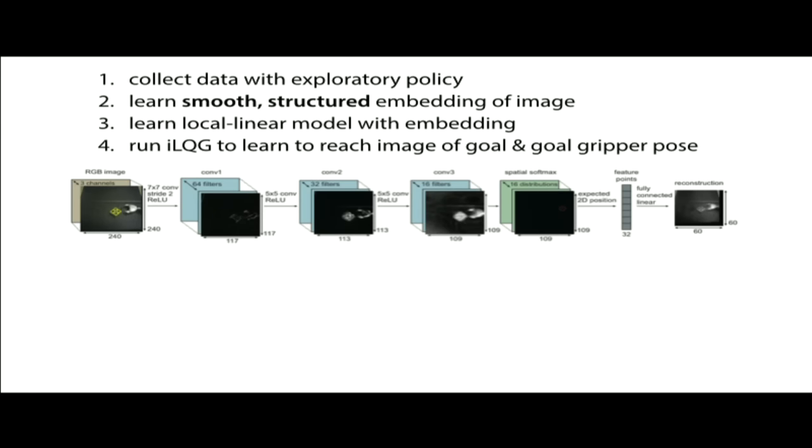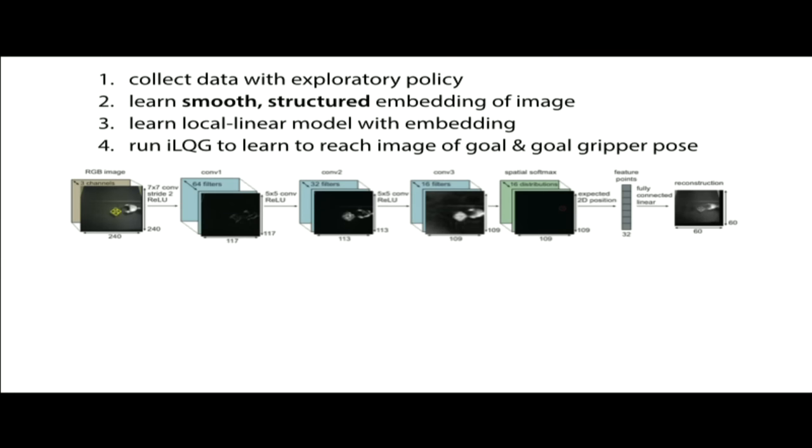And so the way that this embedding works is that it's an autoencoder, so it maps from the image that the robot sees, in this case a color image, and it tries to reconstruct a downsampled version of the original image. It's downsampled because reconstructing the full version of the image is quite high dimensional, and it's a little bit easier to reconstruct a smaller version.